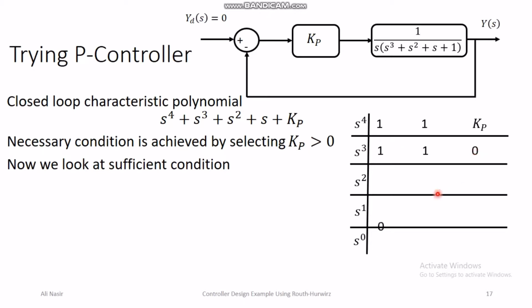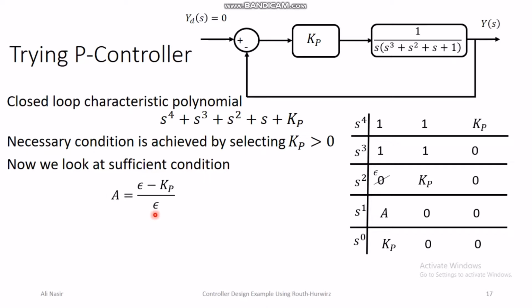Then we calculate and we encounter 0 in the first place of this table. We replace this 0 with a small number epsilon, and we continue our calculations. So in this case we find that the condition is that A is epsilon minus kp over epsilon.